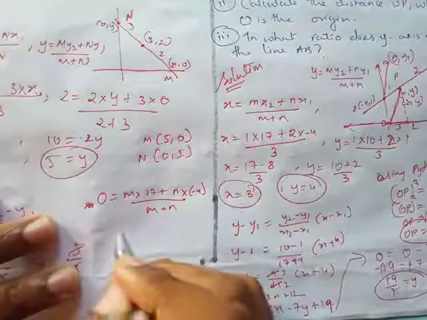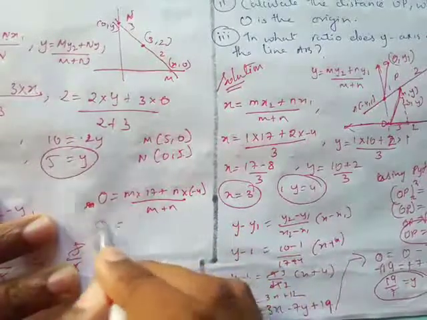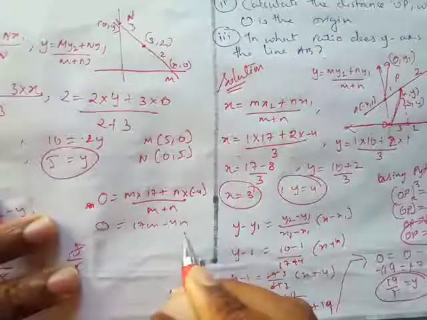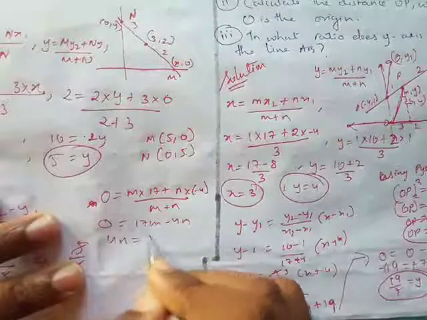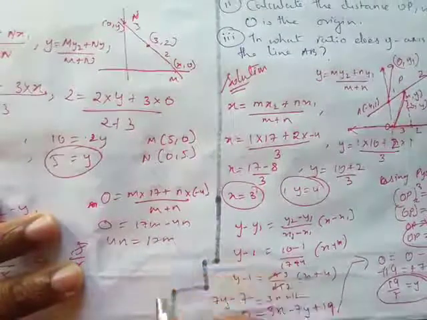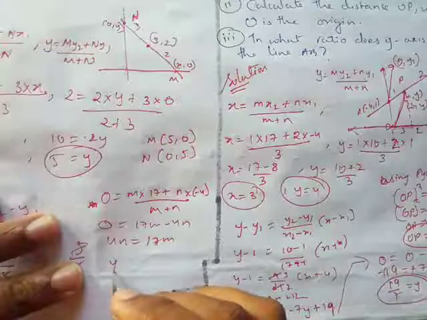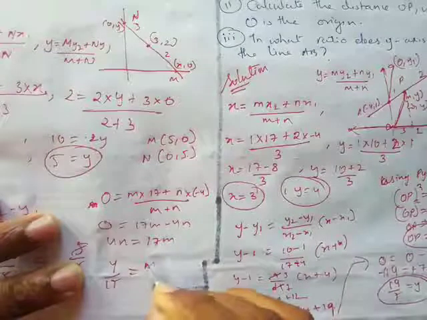So m plus n can go on that side and become 0 anyhow, so it's going to be 17m minus 4n equals 0. 4n उधर जाता है is equals to 17m. Okay, and then 4 अपॉन 17 इज इक्वल्स टू m ओवर n.